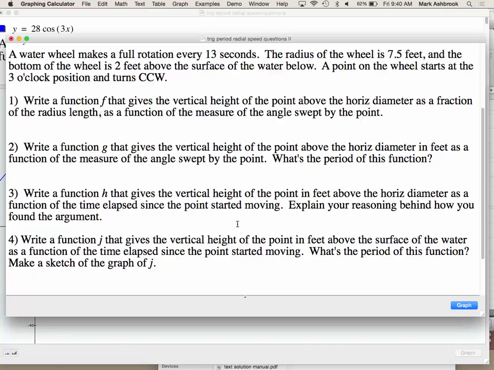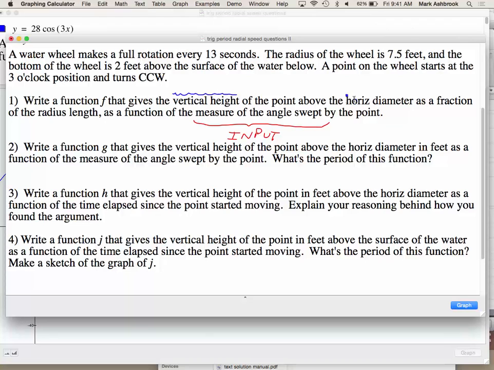What's the input quantity for number 1, for function f? The measure of the angle. What is the output of the function f? Vertical height as a fraction of the radius.